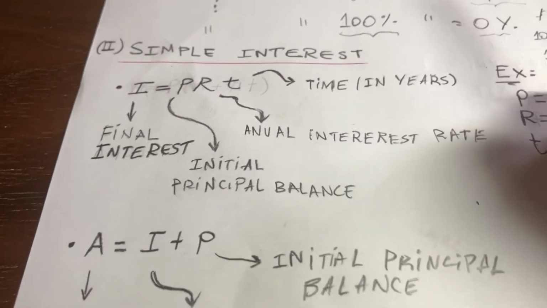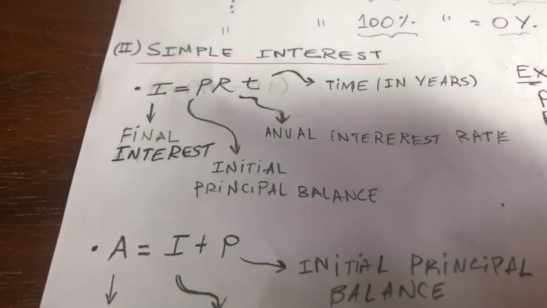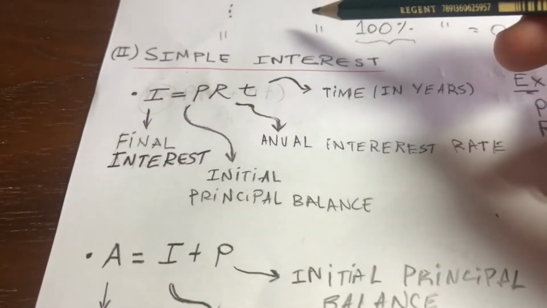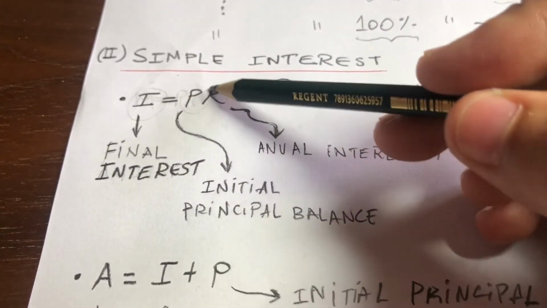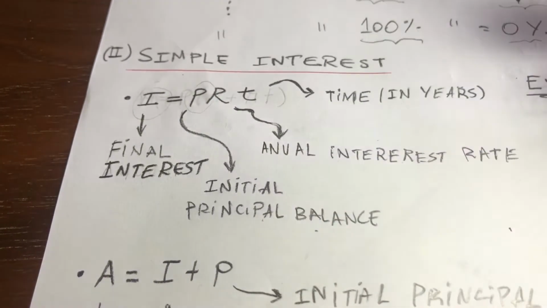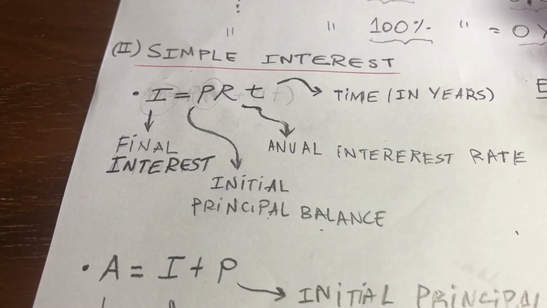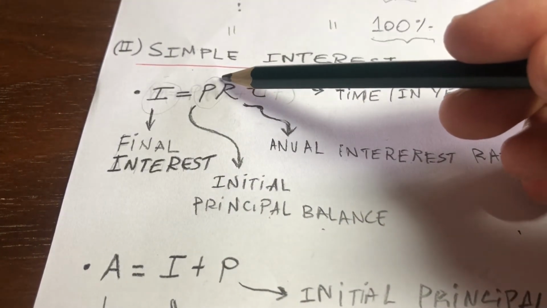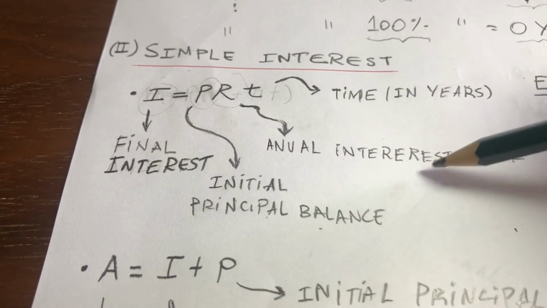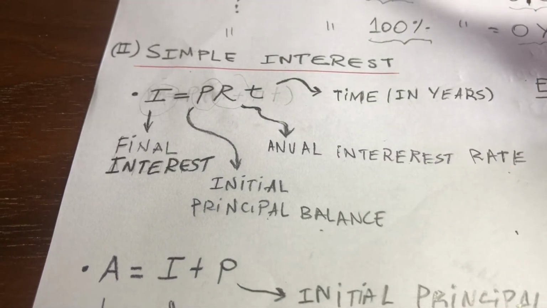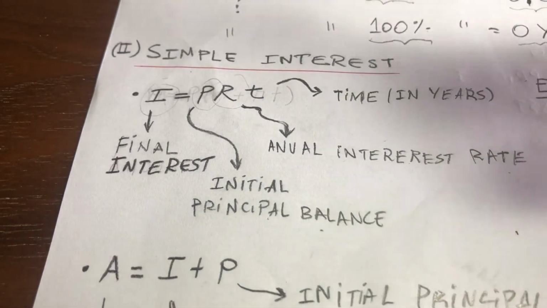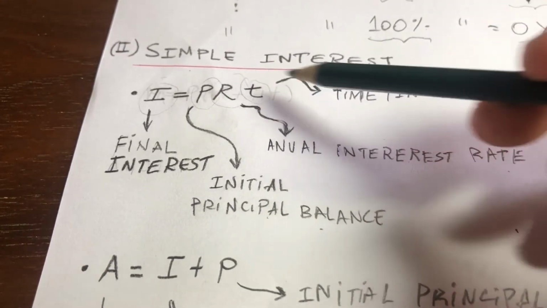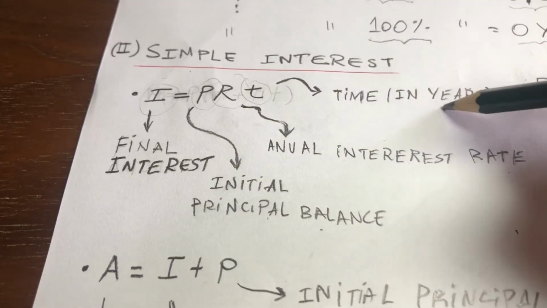So we have a formula here to make it easier. Our final interest is going to be equal to our initial principal balance, that is, the initial price that we invest, for example, multiplied by an annual interest rate, for example, 5% in a year, 10% in a year, and multiplying by the time in years.